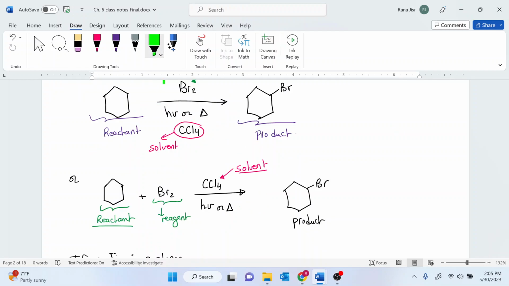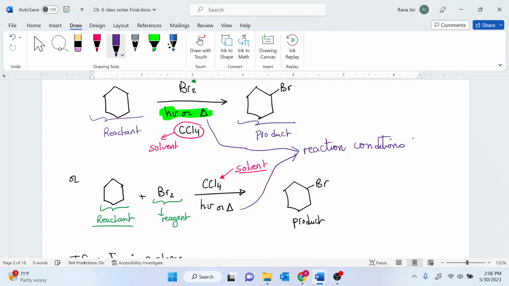And then you have reaction conditions. The reaction conditions can either be underneath the arrow, like here. So both of these show reaction conditions underneath the arrow. Okay. Or they can be next to the solvent. So instead of writing them underneath the arrow, I can simply put a comma in there and put the reaction conditions, which is light or heat.